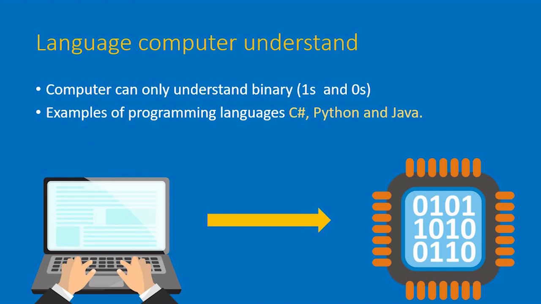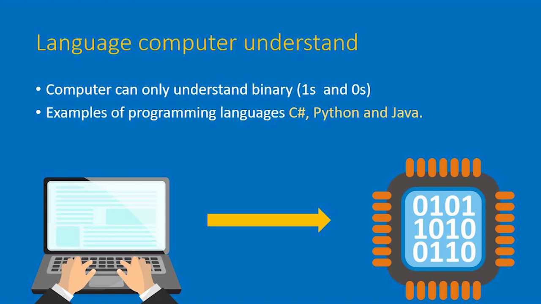Now, the language a computer understands. Computers do not understand human language, like English or whatever language you might think of. Computers have their own language they understand, which is called binary numbers, meaning zeros and ones. So we talk about 0001, 1001.